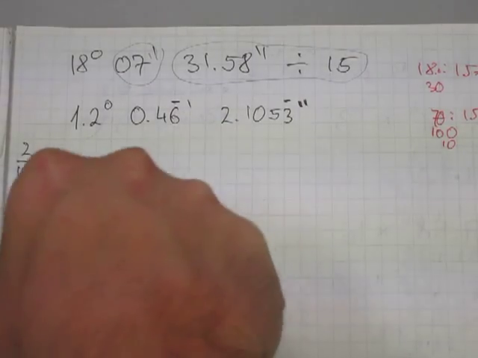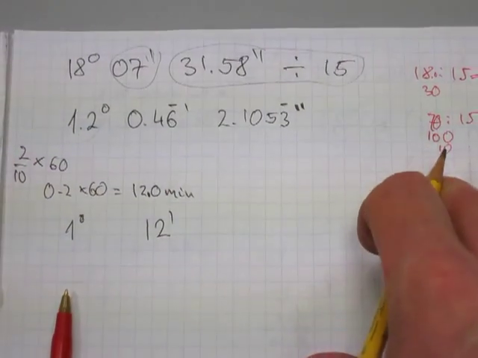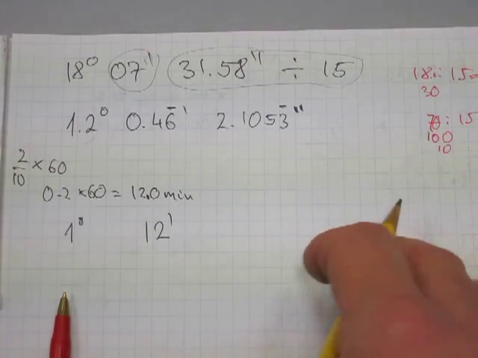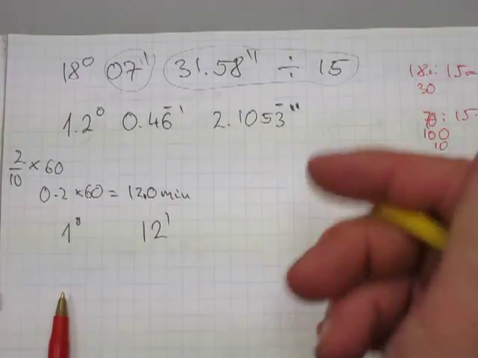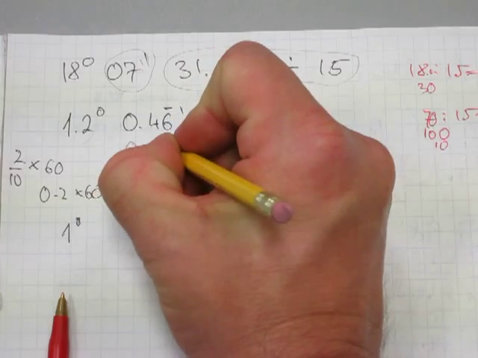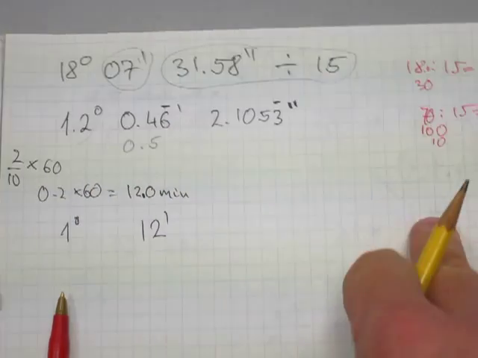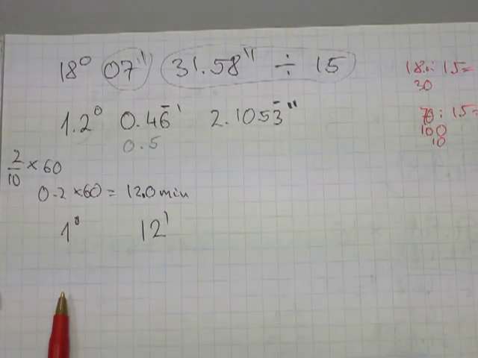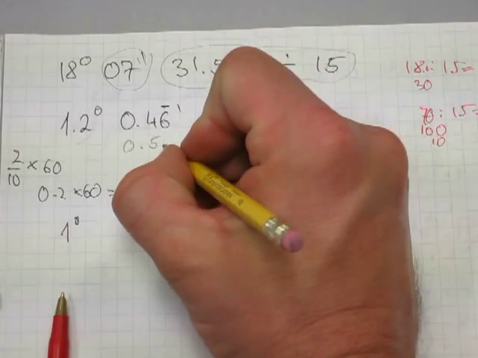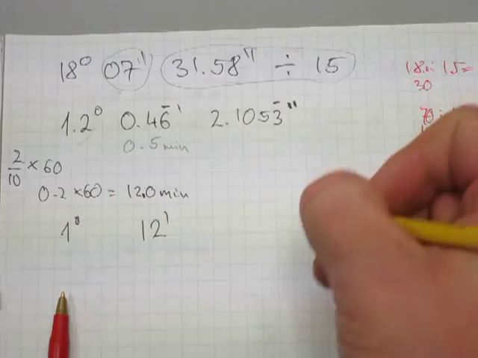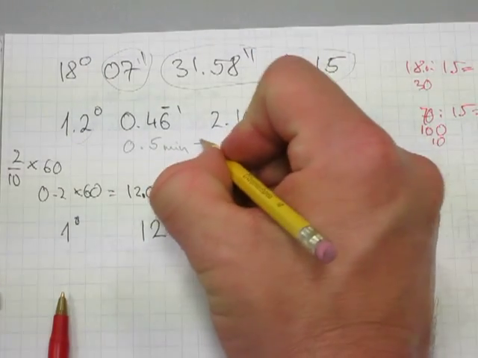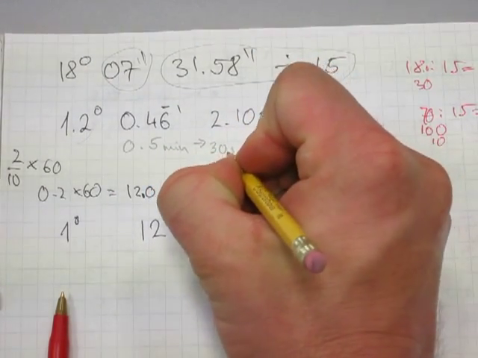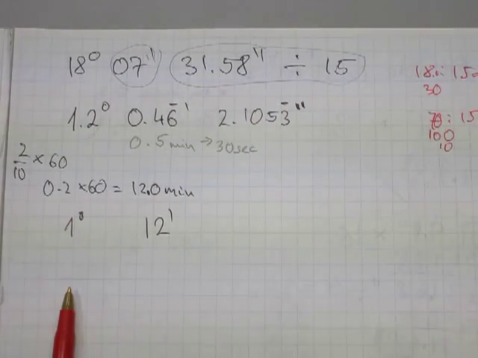Just to give you a visual, 0.46 of a minute is, how about if I just round it up for now, just to give you an idea, to 0.5. 0.5 minutes, half a minute, you know that half a minute is 30 seconds.